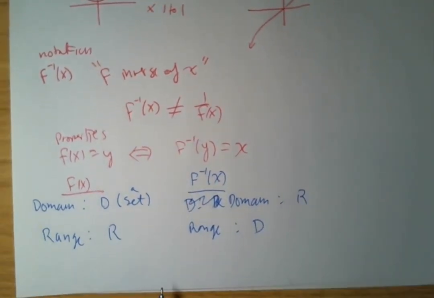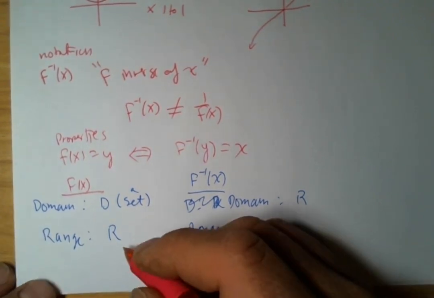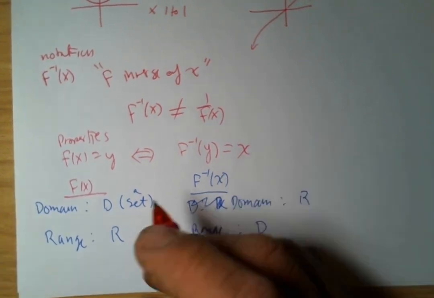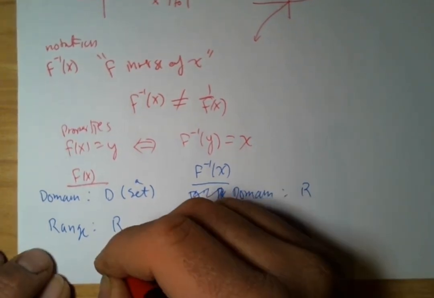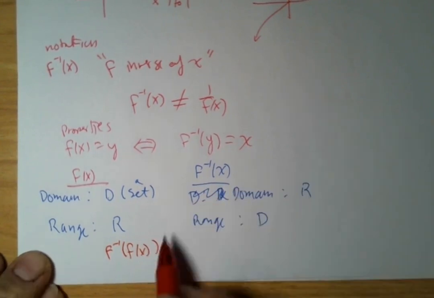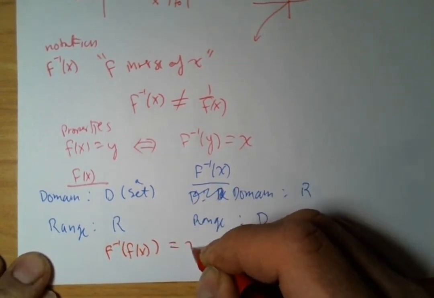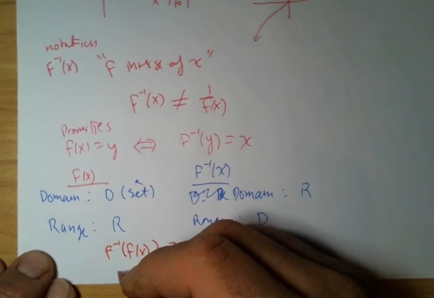Now, if given two functions and we're asked, are these two functions inverses of each other? In order for them to be inverses, they have to satisfy this property. Another property of our inverses is that if we take the composition of the inverse with f of x, the result should be simply the value of x.